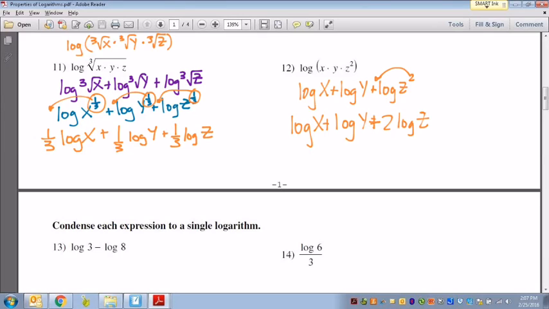Okay, so that is how you deal with radicals inside logarithms. You have to write them as rational exponents and then move them to the front of the logarithm. So that's how you deal with rational exponents and radicals.